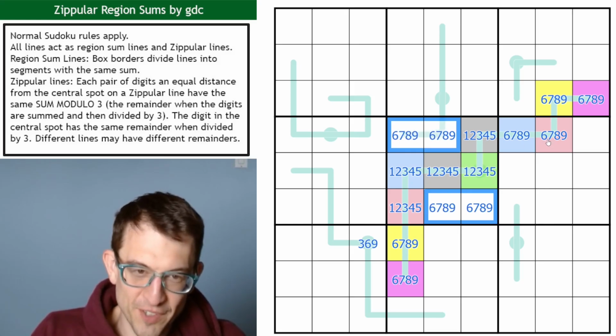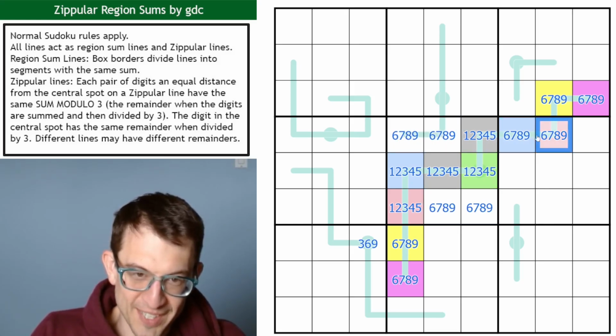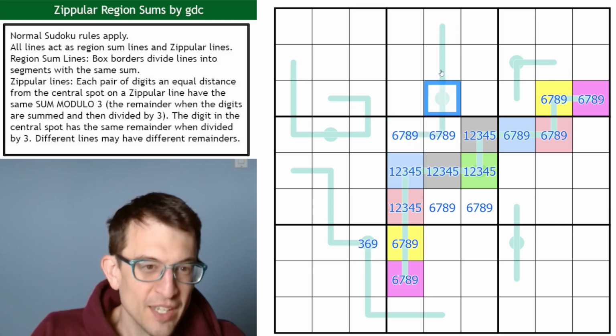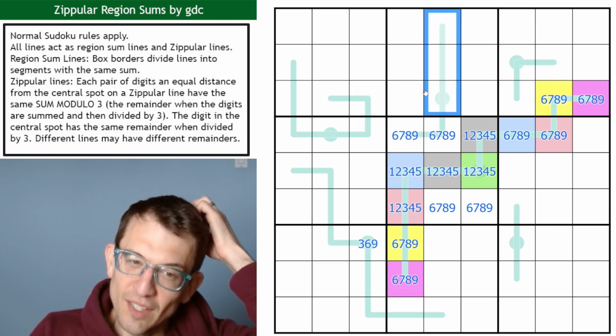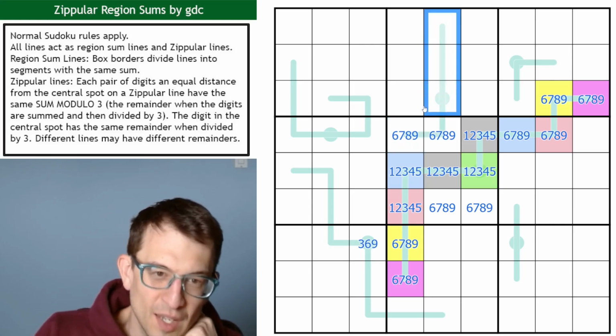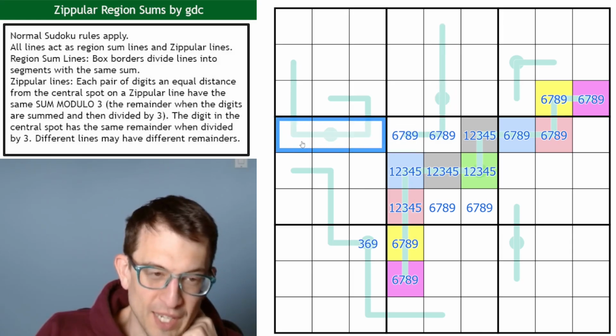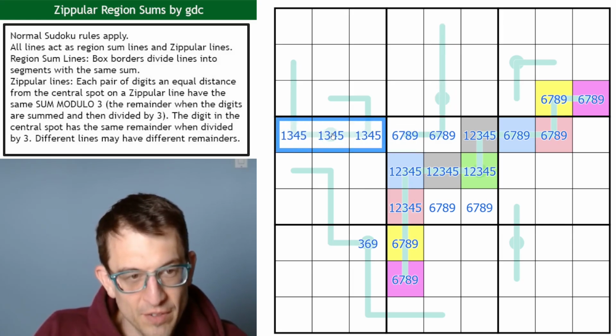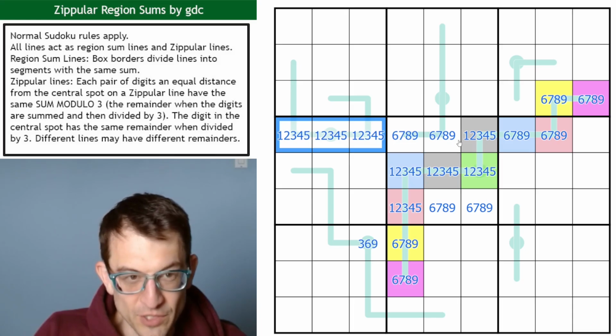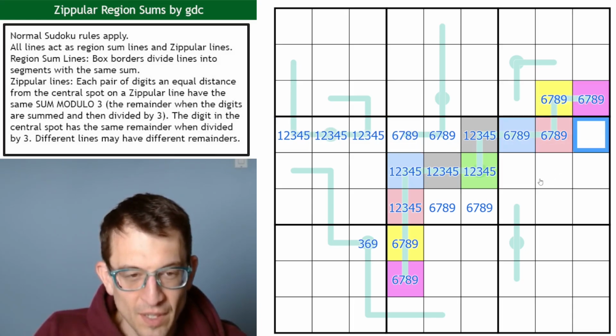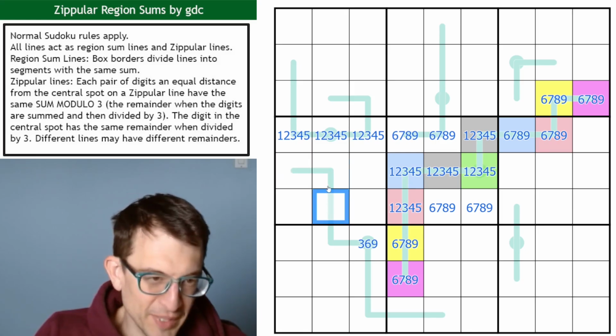Just if I had filled those in, I would have seen those were 30 and that's 15. So this is also 15. So this is 15. Okay. So these are all fairly small, actually. These are all from 1 to 5. Maybe we should be coloring lows and highs. Seems like I can do a lot of low-high work here. So there's at least one high digit here, which makes sense.